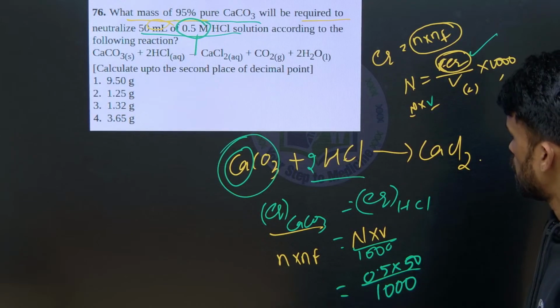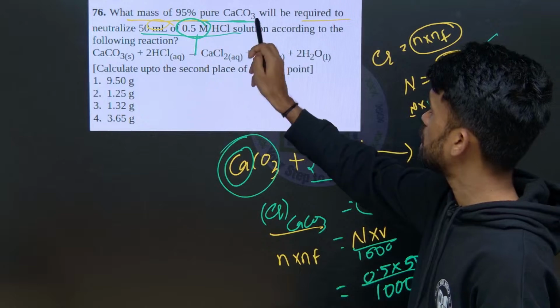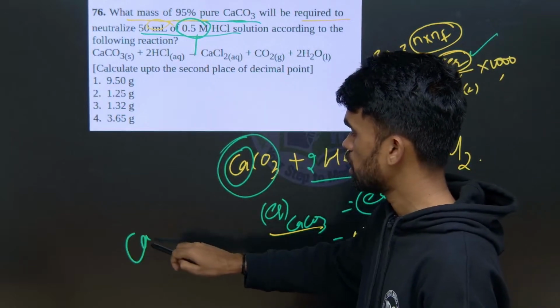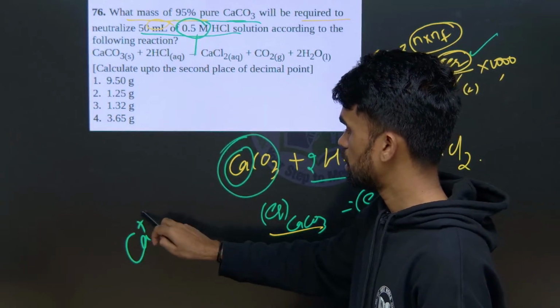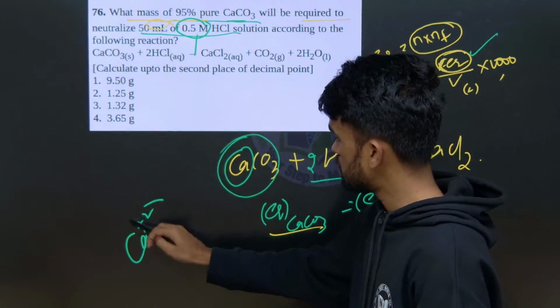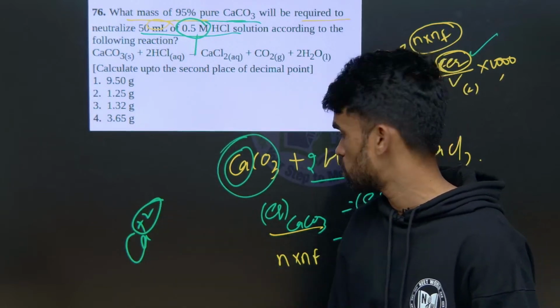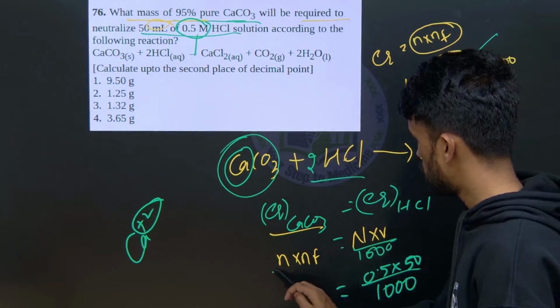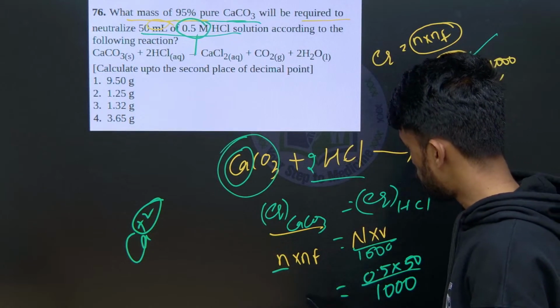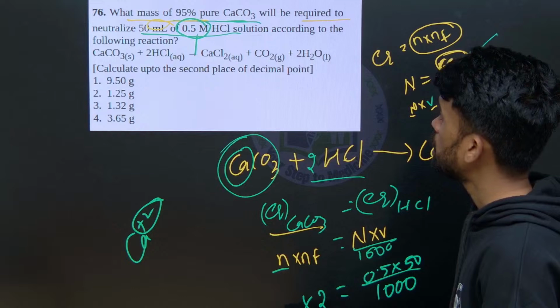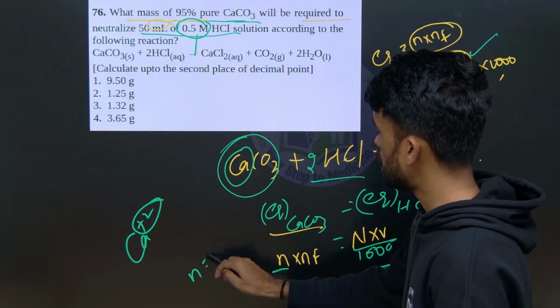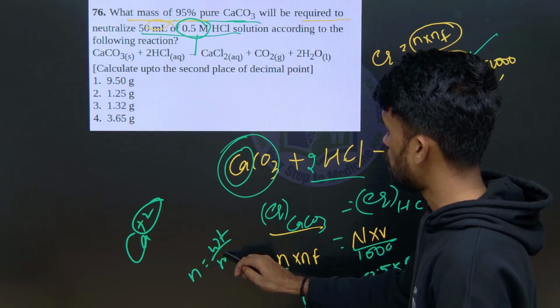Okay, this is done. And here the N factor for CaCO3: calcium here is always +2, right? So it means it can lose 2 electrons. So I am taking the N factor as 2, and we need to find the weight. Number of moles we can write as given weight by molecular weight, right?